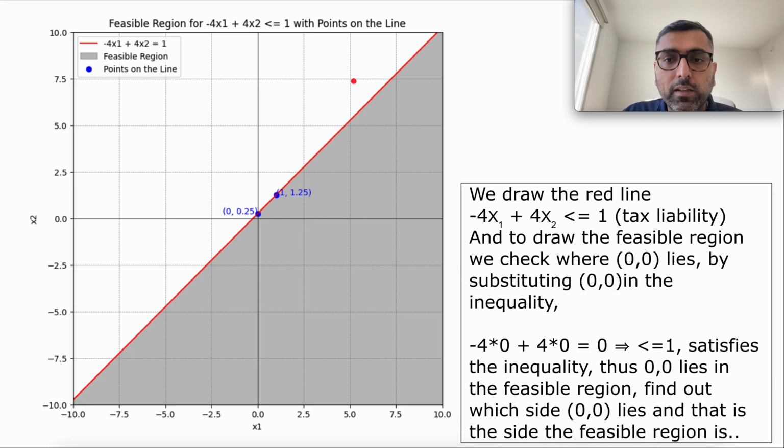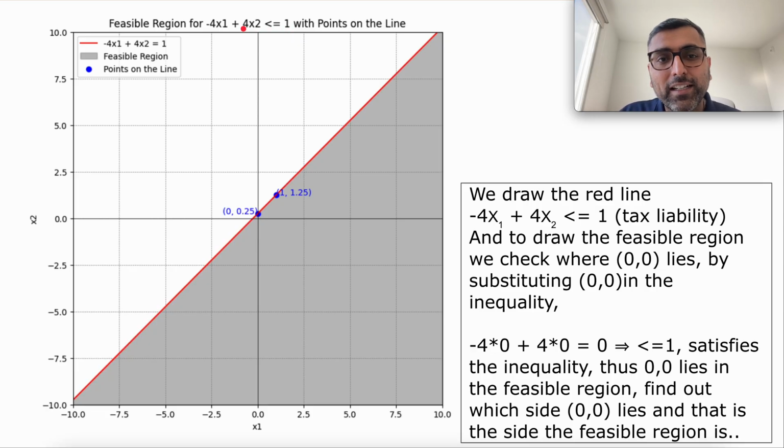The way we do that is we substitute 0, 0, which is x1 equals 0 and x2 equals 0, and then we look at whether (0, 0) satisfies this inequality. So we substitute x1 equals 0, x2 equals 0. Then we get 0 less than or equal to 1. Is 0 less than or equal to 1? Yes.